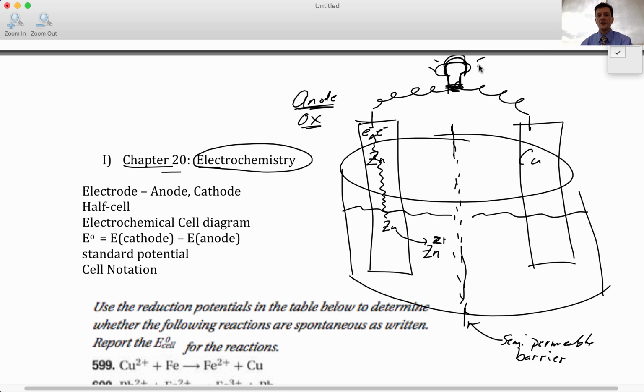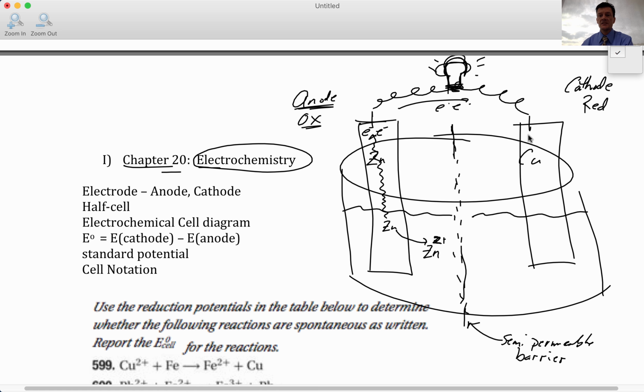In order to make that bulb work, we want those electrons to flow through that bulb from one side to the other. On the other side, you've got copper, and that copper is where you are going to have the reduction. This electrode, this piece of metal, is called the cathode.